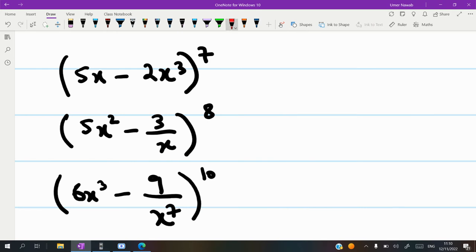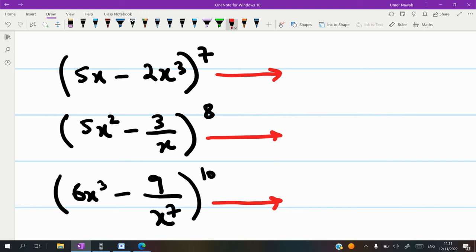If I ask you to expand the power 7, you can do the expansion. That's not a big deal. But if I ask for a specific term with some power of x, can you figure it out? The answer is no, I have to do the expansion.